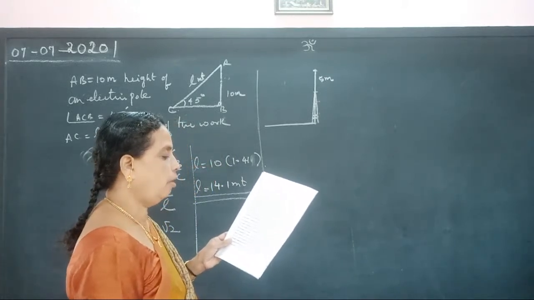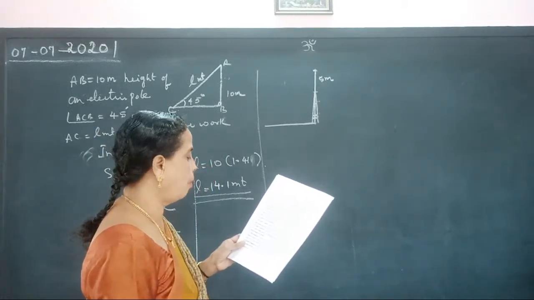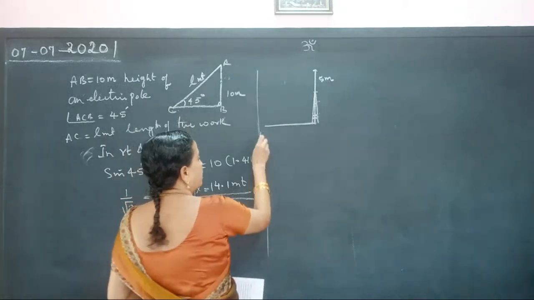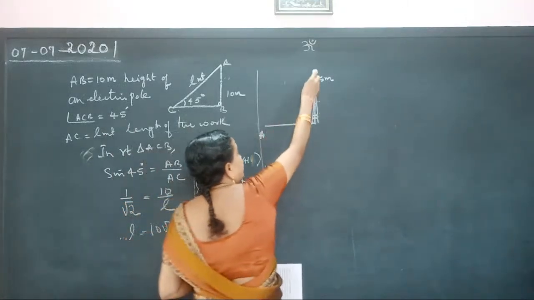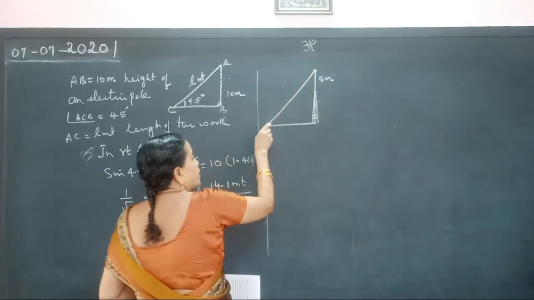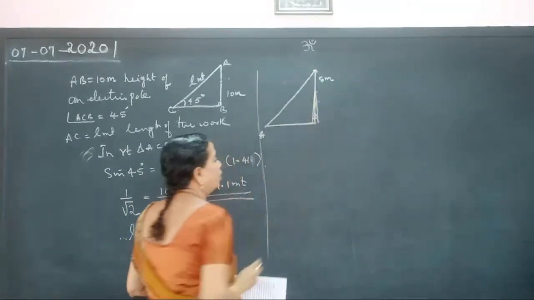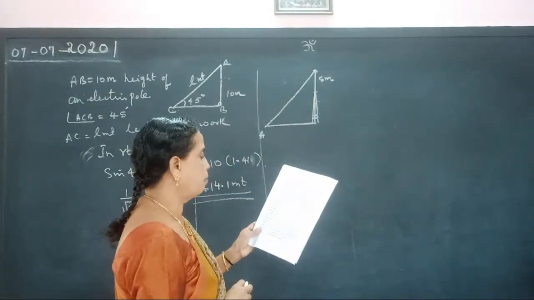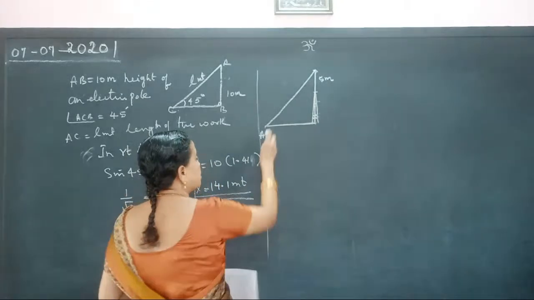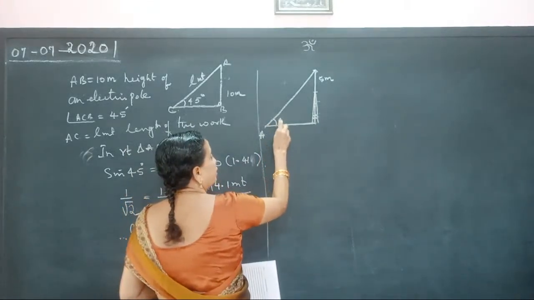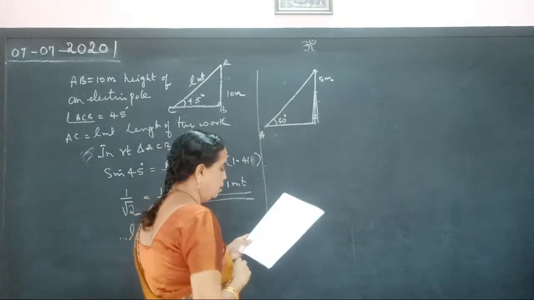The angle of elevation of top of the pole as observed from point A on the ground is 60 degree. Clear?